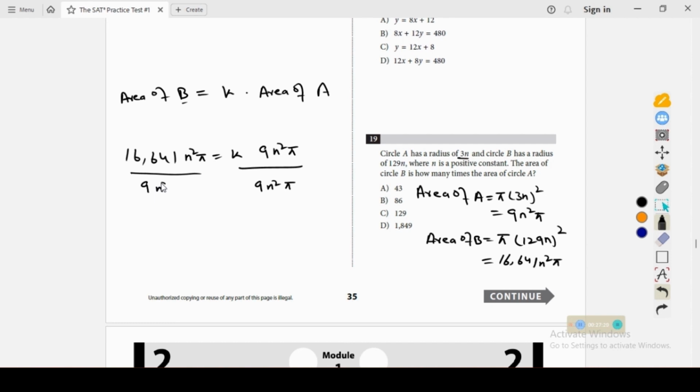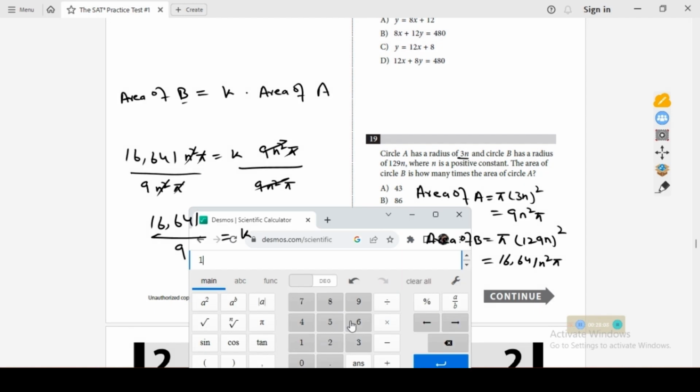Since this will be cancelled out, and the value of pi can also be cancelled out, n square can also be cancelled out, what we are left with on the left side is 16,641 divided by 9, that equals K. So let's find the value of K. 16,641 divided by 9, the answer is 1,849.